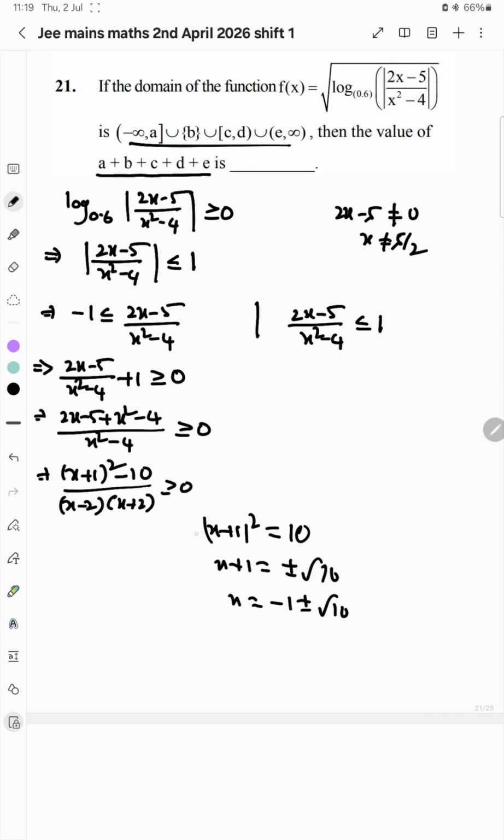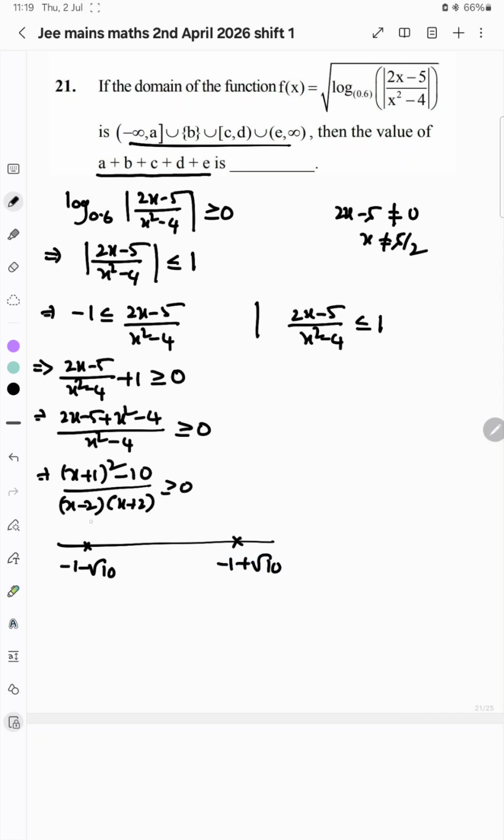So take a real number line and plot the critical points. Minus 1 minus root 10 is one critical point, and minus 1 plus root 10 is another critical point. These 2 points are included, right? Next, where the denominator is 0, whenever x is minus 2 or x is plus 2.